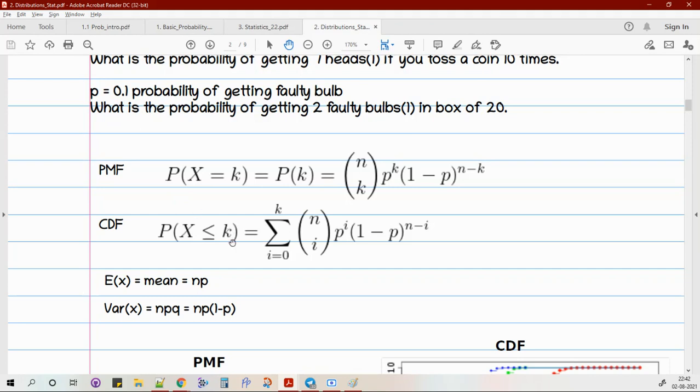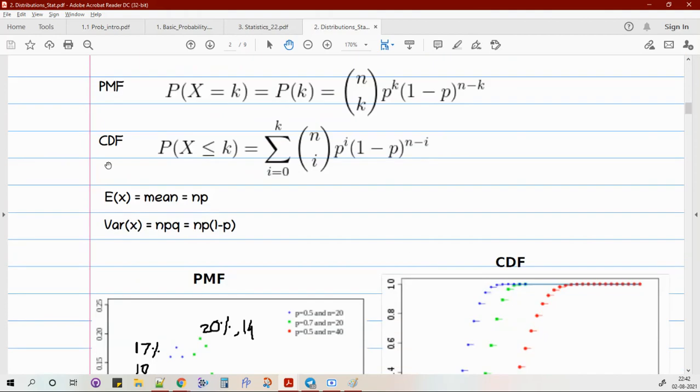X is less than or equal to k, right? So we are just taking the summation over i equal to 0 to k of nCi p^i (1 minus p)^(n minus i), like this. So basically we are putting 0, 1, 2, 3, 4 up to k. Any doubt? So this is the expectation formula n into p, and the variance formula npq, np(1 minus p), right?